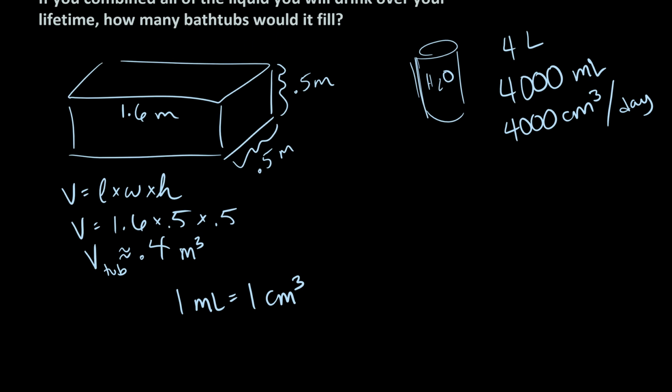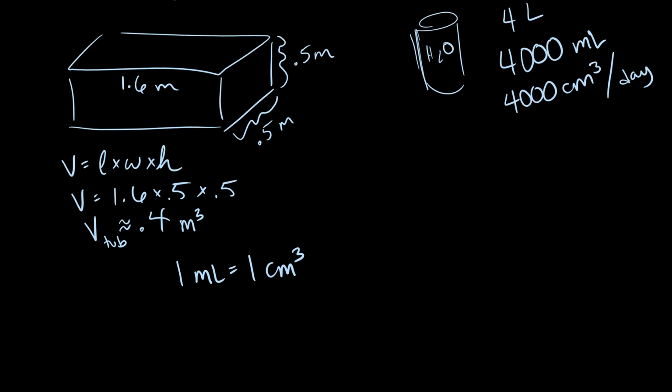And let's convert my bathtub size in cubic meters into cubic centimeters, so we can have a common unit. If I have 0.4 cubic meters, I know there are 100 centimeters in 1 meter, but I am in cubic meters, so I need to cube my conversion factor.